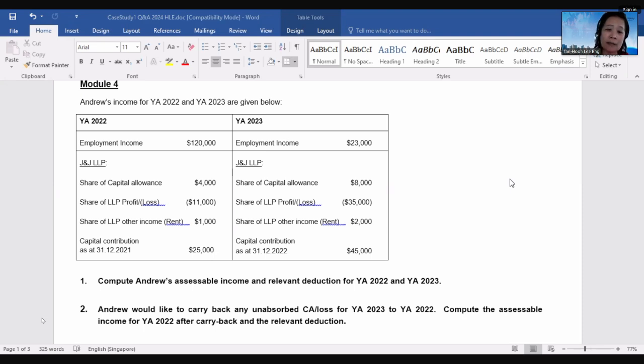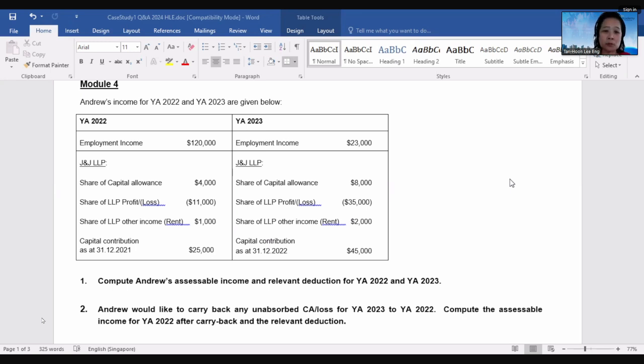One year is 11,000, another year is 35,000. On top of that, there's also CA of 4,000 and another year is 8,000. Contributed capital is 25,000 for the first YA and later increases to 45,000 in 2023.